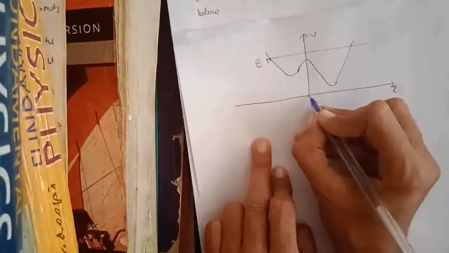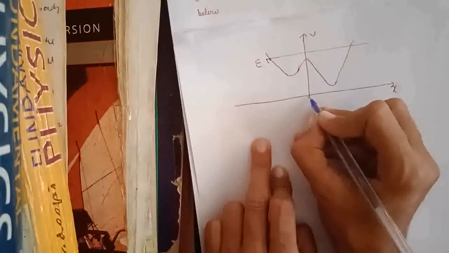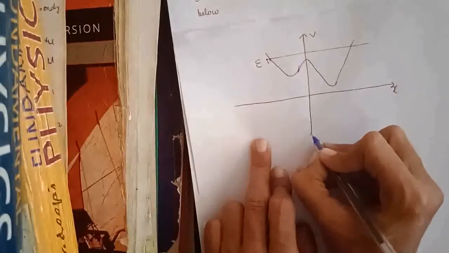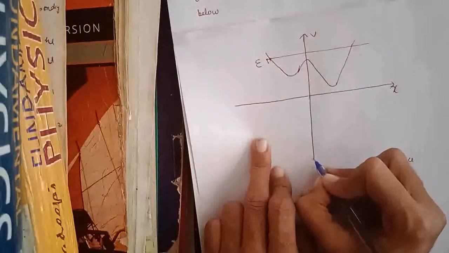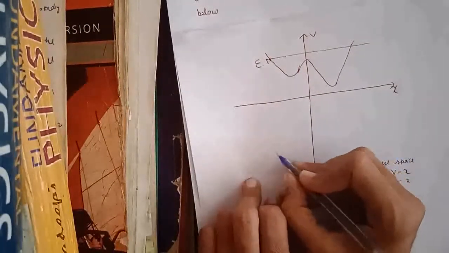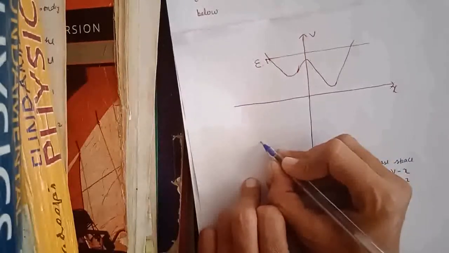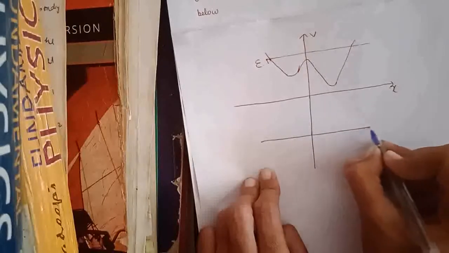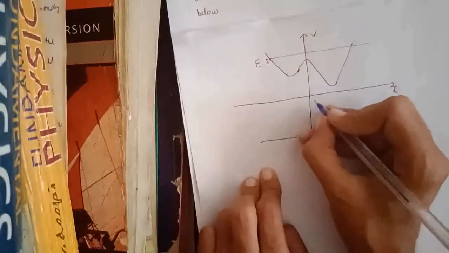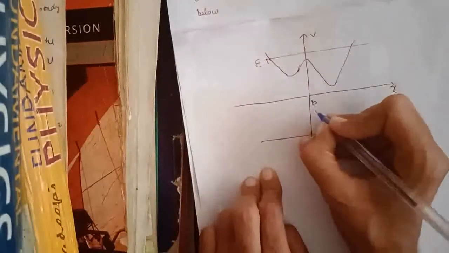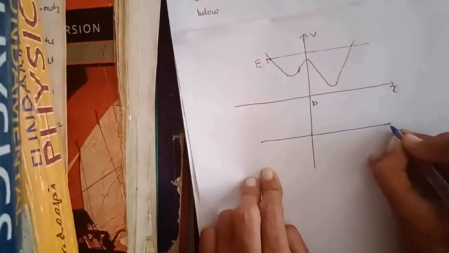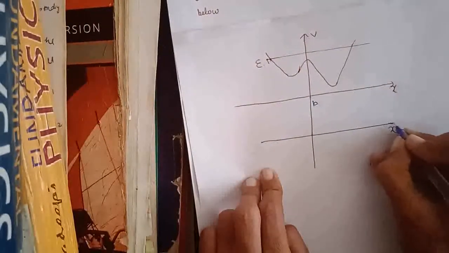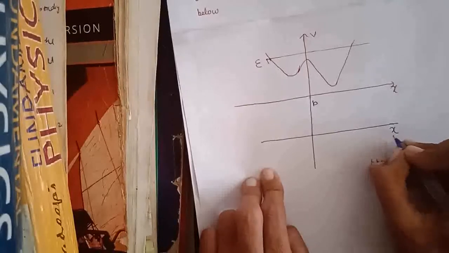Along with the potential we are drawing this, extending it, and here we are going to represent the phase space. On the y-axis we are representing P, that is momentum, and on the x-axis we are representing x, that is position of the particle.